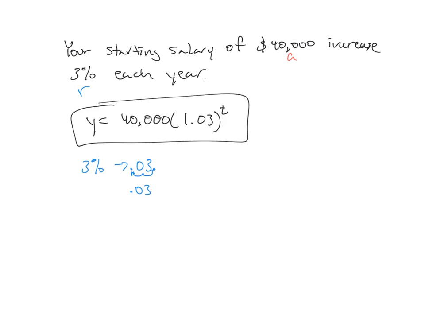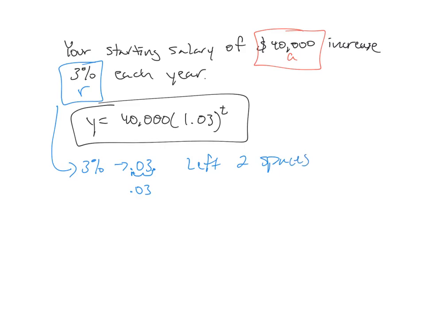Okay, so just 4 problems to write a function that represents the situation. What you're looking for is, what's your A, the starting or initial amount, what's your rate, and then change the rate from a percent to a decimal. Left 2 spaces.